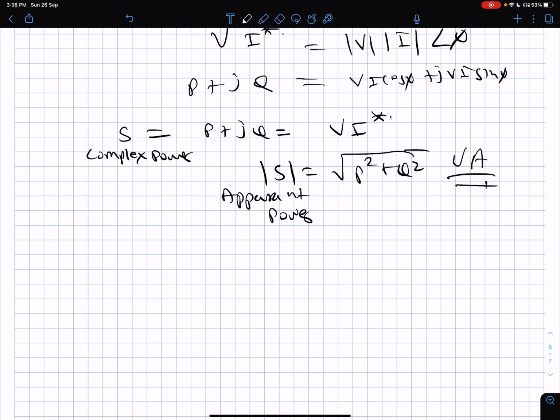Now here we don't write reactive because both P and Q have contributed to it, so we just write it as volt amperes.